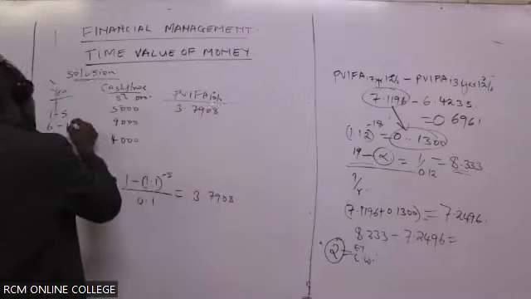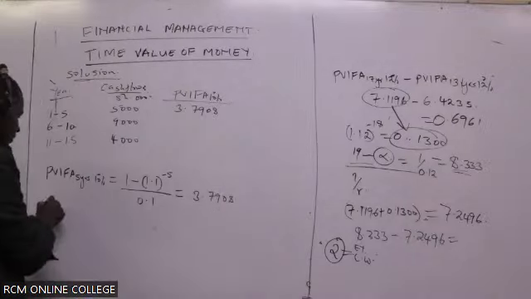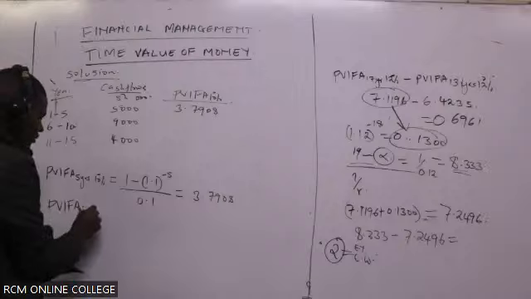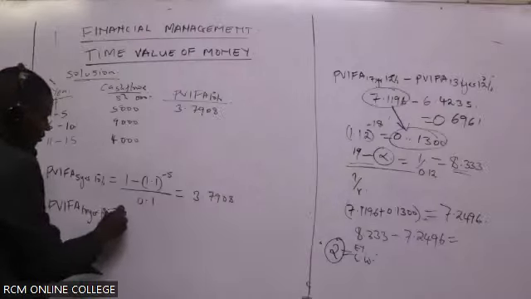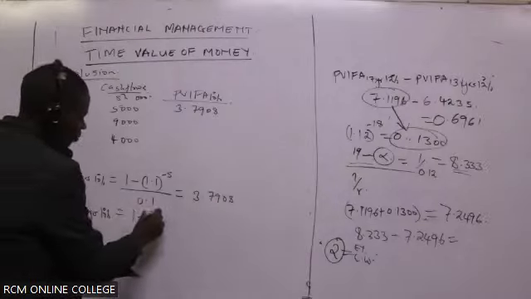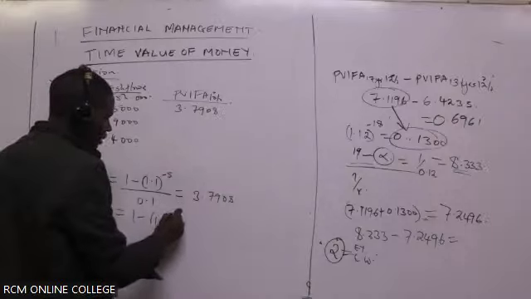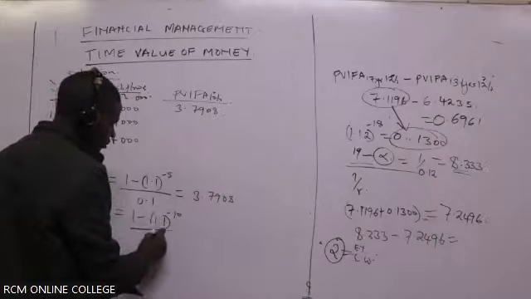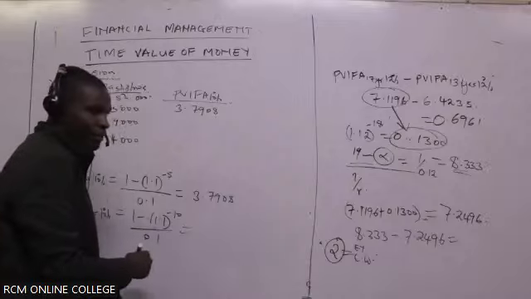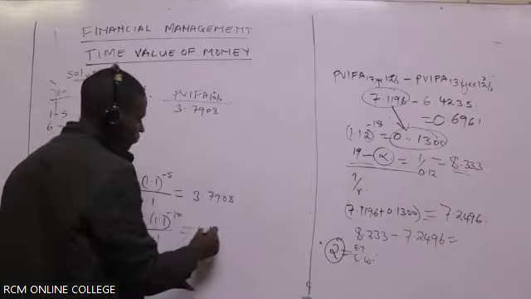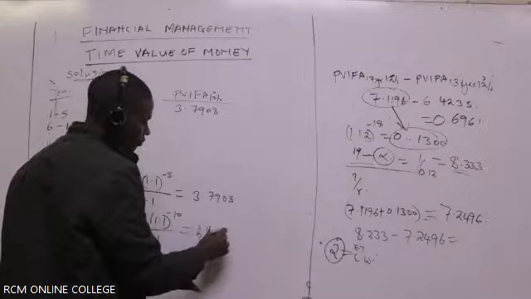Then we look at PVFA 10 years, 10%. That will be 1 minus 1.1 raised to power negative 10 divided by 0.1. What do you get? 6.1446.